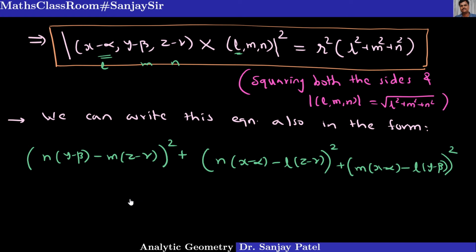This is equal to the right hand side as it is, R square into L square plus M square plus N square. Okay.